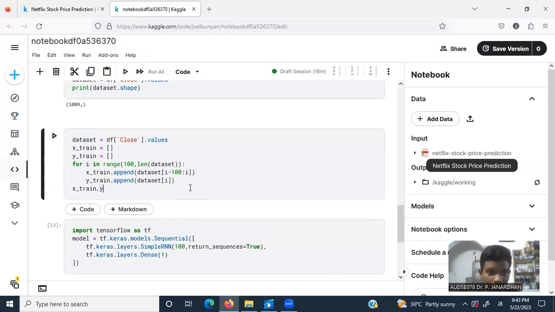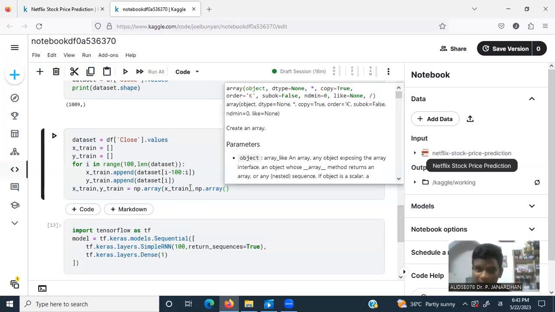I'm going to convert this into numpy arrays, because it's a funny fact that TensorFlow cannot operate on lists. We have to use numpy arrays. I think they might have changed that, I don't know, but it's funny that TensorFlow, a very big library developed by Google, cannot take lists as inputs.